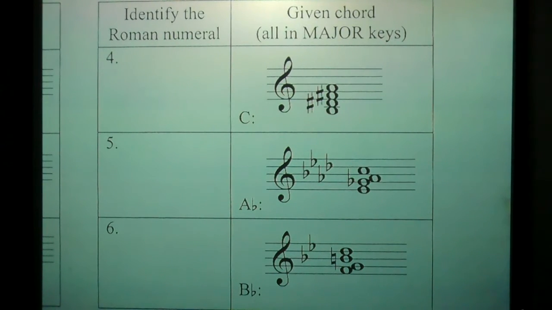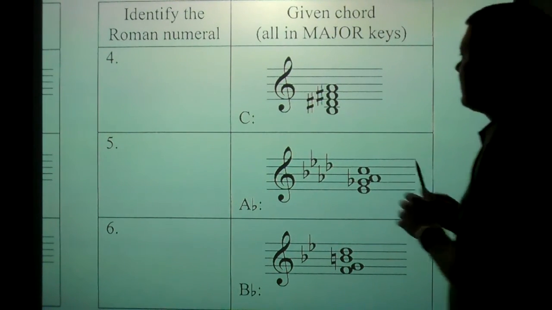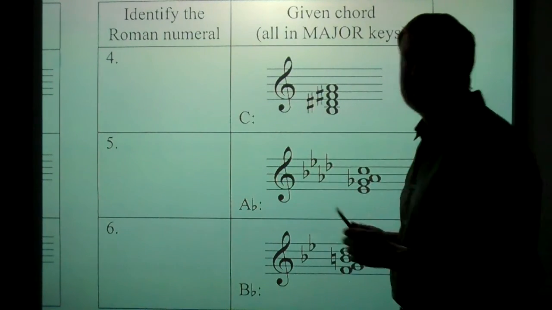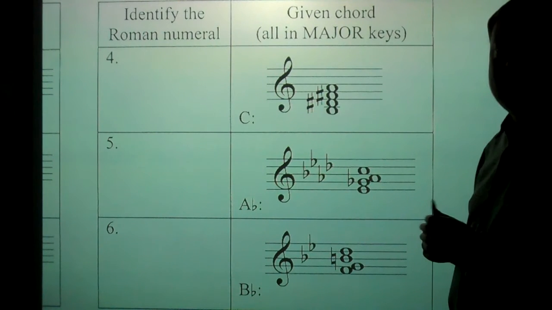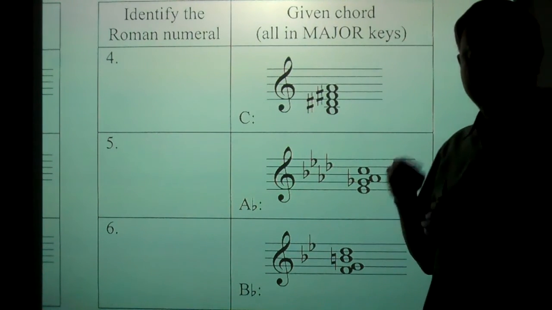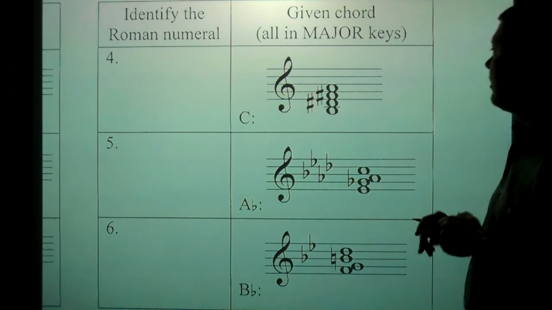There are 3 other problems on this quiz that I'd like to go through with you. This is analyzing or recognizing how to label secondary dominants and dominant 7ths when they're given to you. Okay? And there are 3 steps to recognizing a secondary dominant.